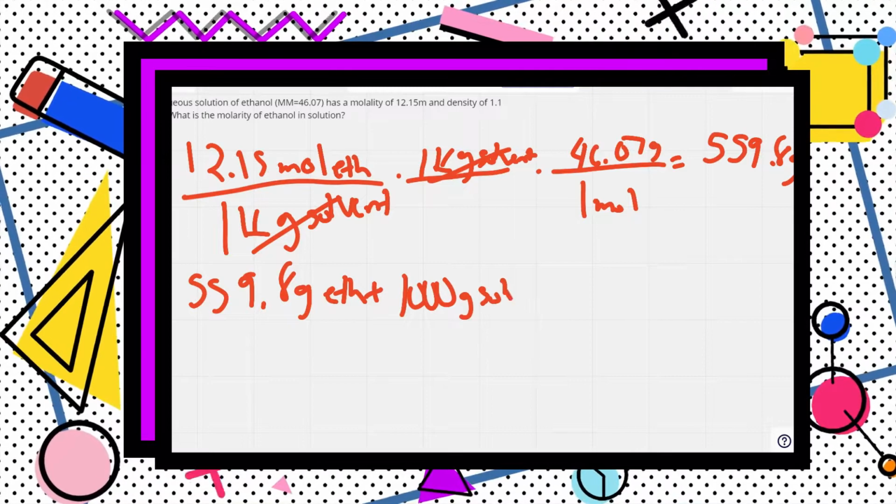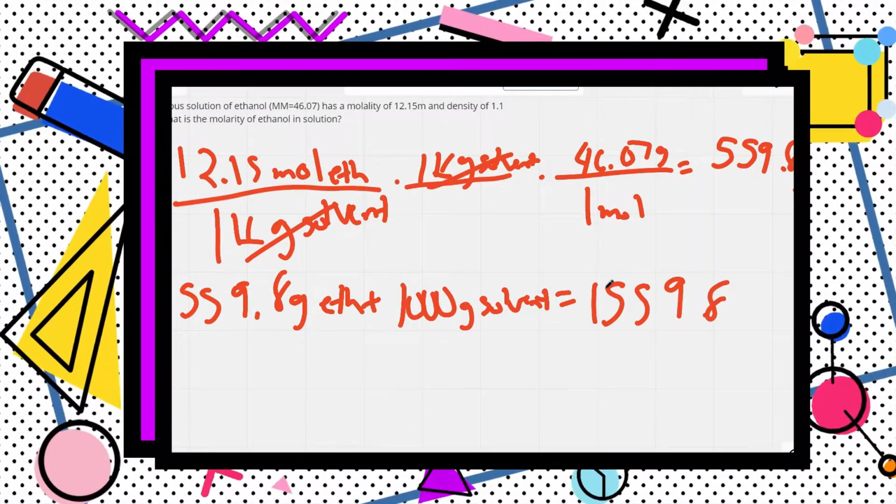And then this is our solvent. We add both those together, we get 1559.8 grams, and this is my solution.